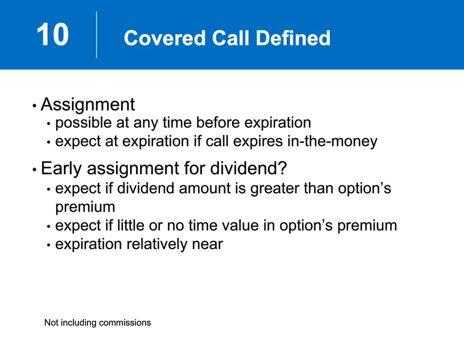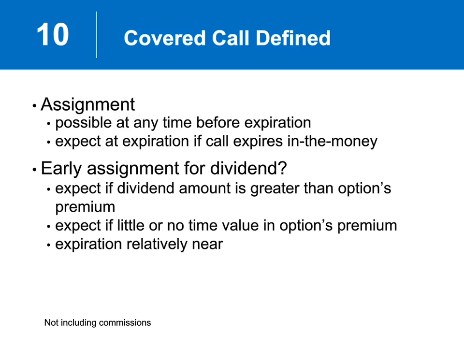Assignment is when your obligation has to be delivered. With options, we've got rights when you're long options and obligations when you're short options. So assignment is the short option obligation, and when we sell a call, the potential obligation is to have to sell the shares of stock at that strike price.